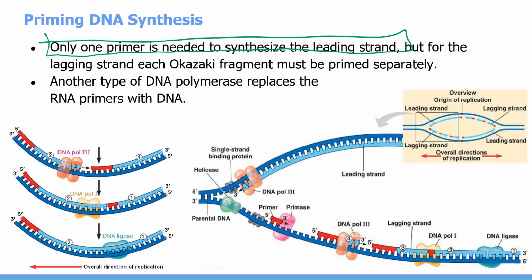That one continuous strand has one primer at the very beginning, whereas there are multiple primers set for the Okazaki fragments. Another type of DNA polymerase, DNA polymerase 1 in prokaryotes, goes in and removes the primers, which are RNA, and replaces them with DNA.